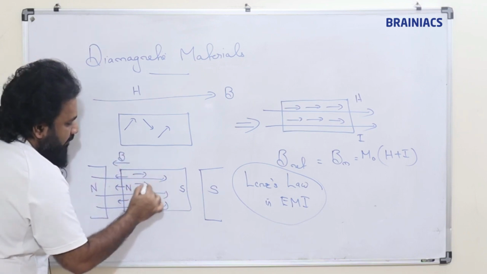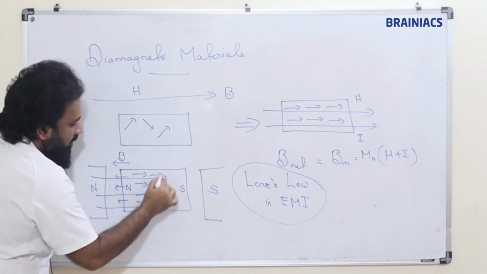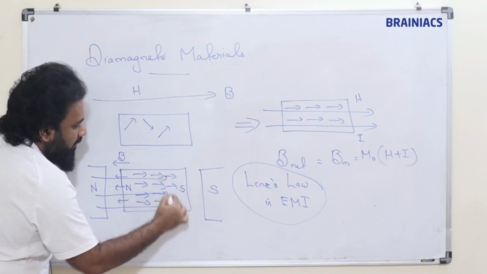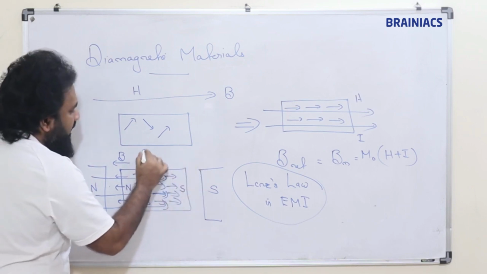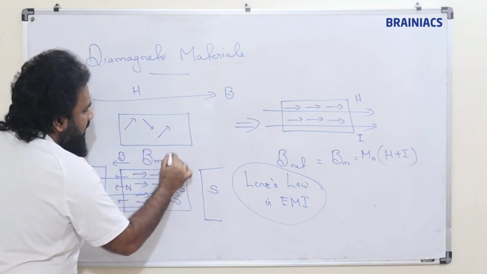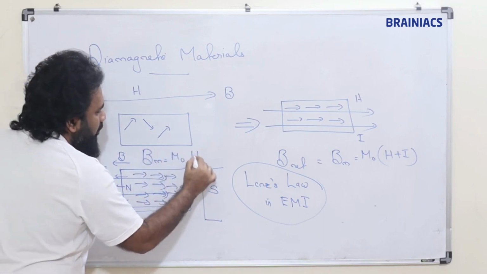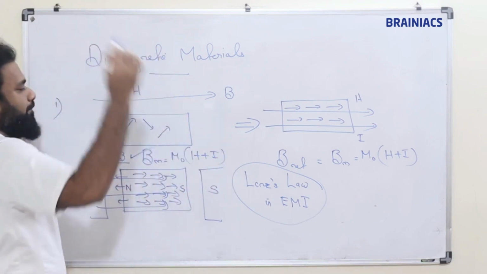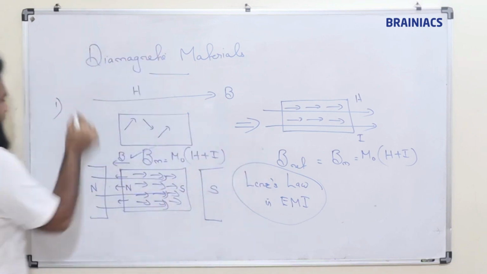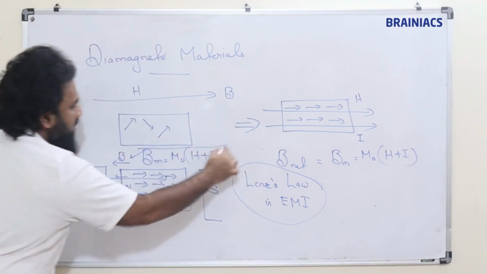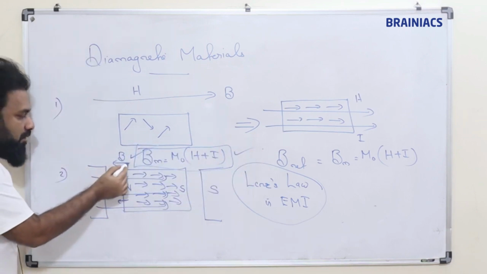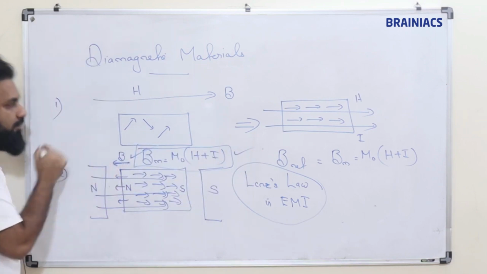If there are dipoles, all this alignment will happen, and the material magnetic field will be mu naught into H plus I. Just like in the first case, in the second case also this will happen. But along with this, a small opposition will also be there.